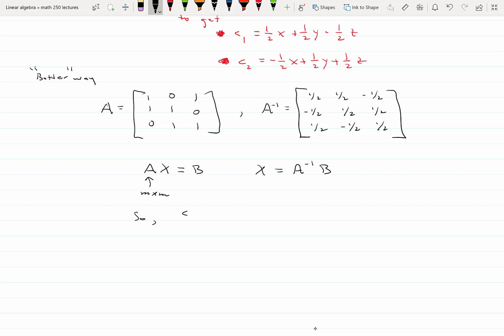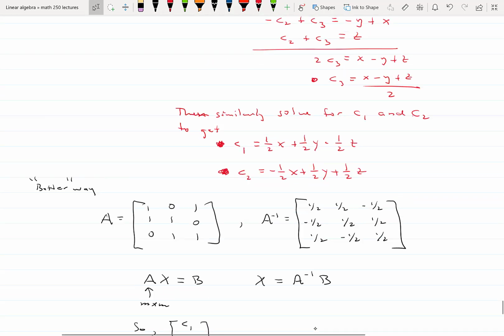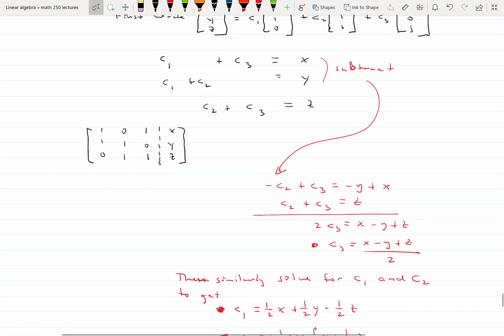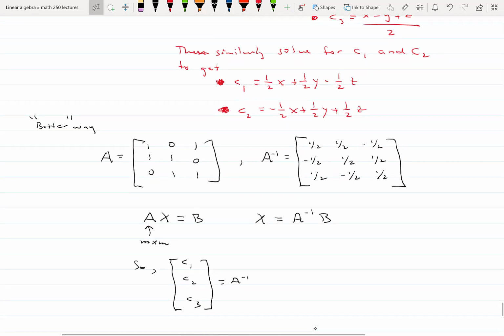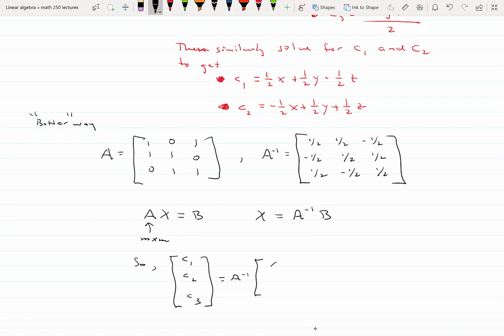So C1, C2, and C3 should be A inverse times our B. Our column, our constant matrix, is not in fact constant though.